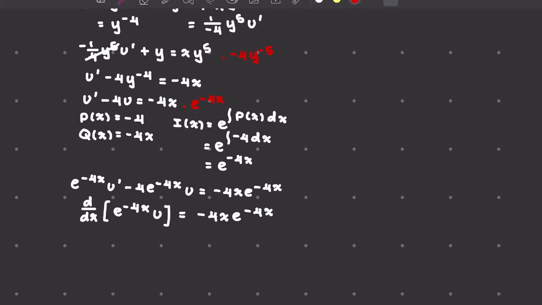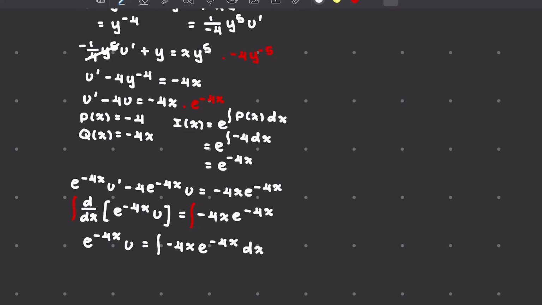And to remove the derivative on the left hand side, let's integrate both sides. That will remove the derivative, and this will equal e to the negative 4x times u equals the integration of negative 4x times e to the negative 4x dx.